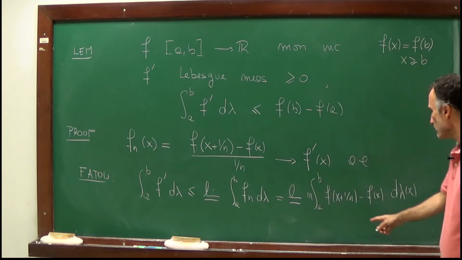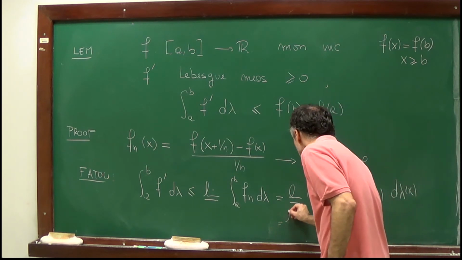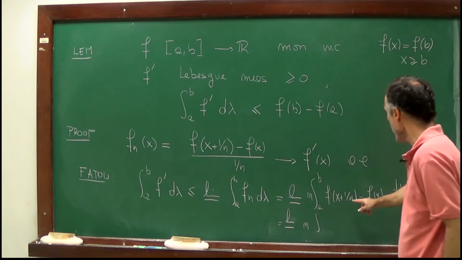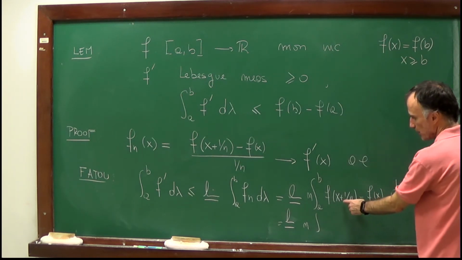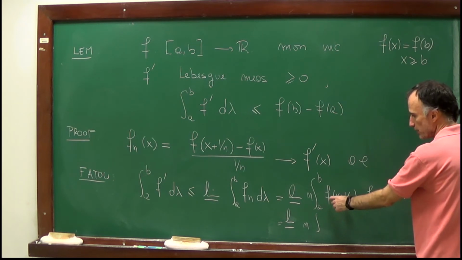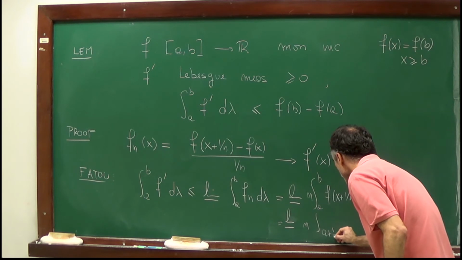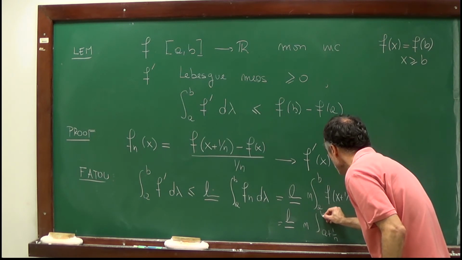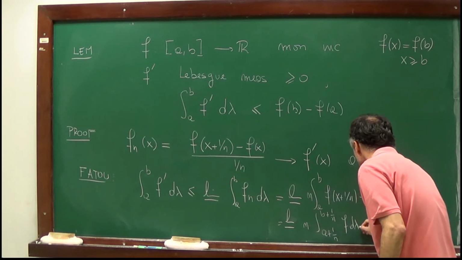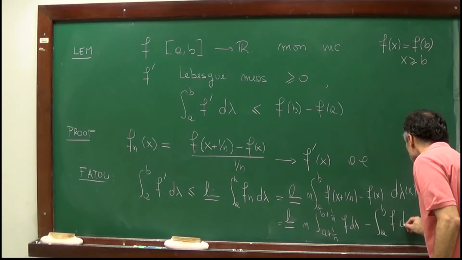But here we are integrating x plus 1 over n, so this is equal to the limit inf of n times, well, I'm just translating the function f by 1 over n and integrating that function, so actually this is the integral of f from a plus 1 over n to b plus 1 over n of f d lambda, and I'm taking out the integral from a to b of f d lambda.